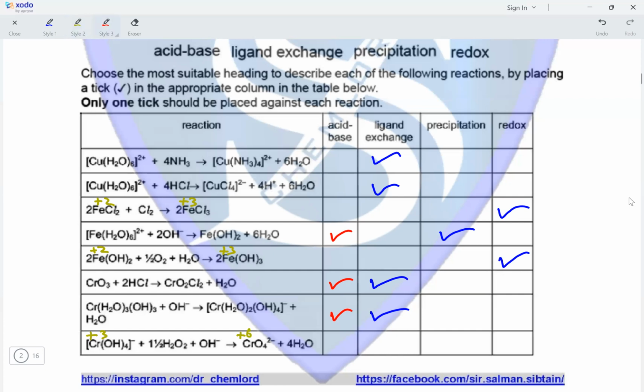So this is an example of a redox reaction. However, on the reactant side, the ligands present were hydroxide ions, and on the product side, the ligands present are oxide ions. So this is also an example of a ligand exchange reaction.